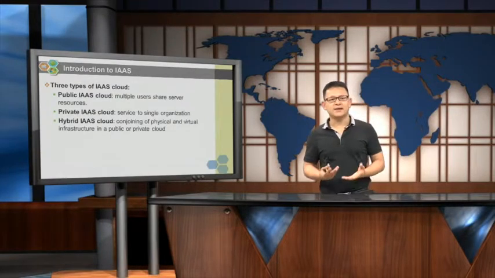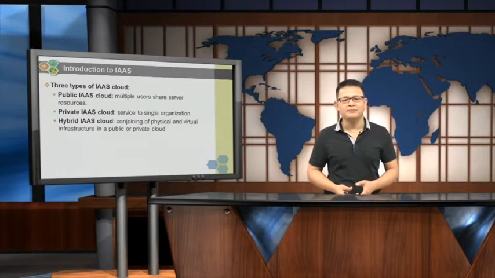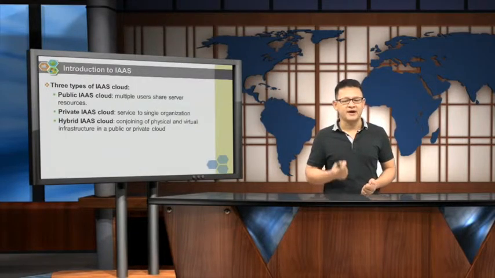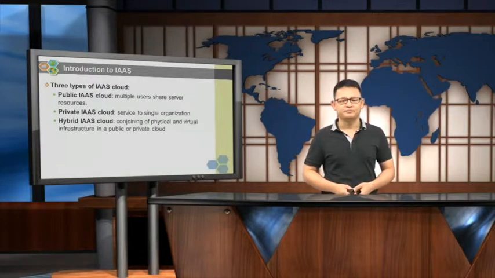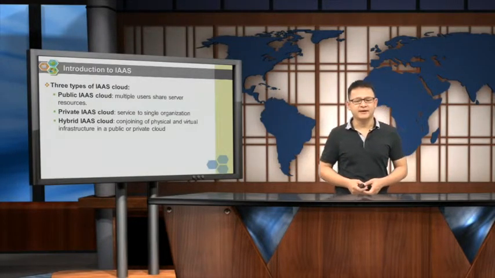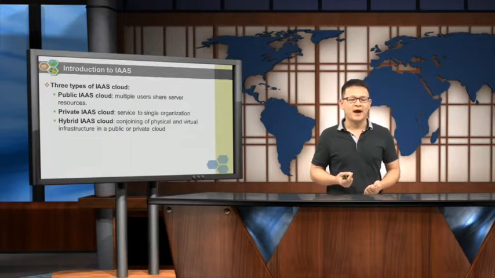And the third type is the hybrid IaaS cloud. A hybrid cloud is generally considered the conjoining of the physical and virtual infrastructure in a public or private cloud. For example, a company may have the option to manage some physical servers in a private cloud while outsourcing other servers to the public cloud.